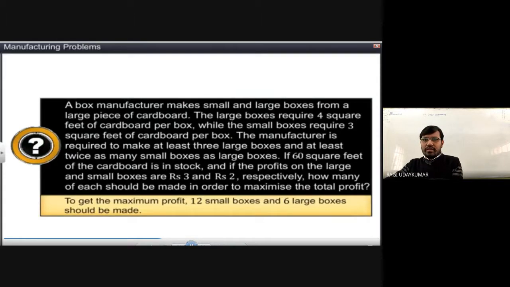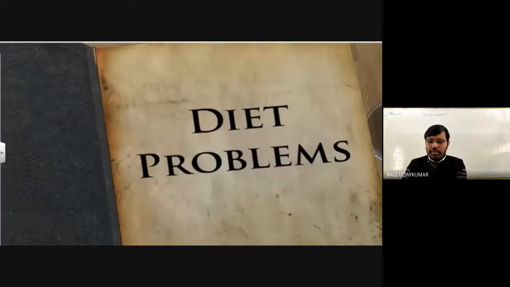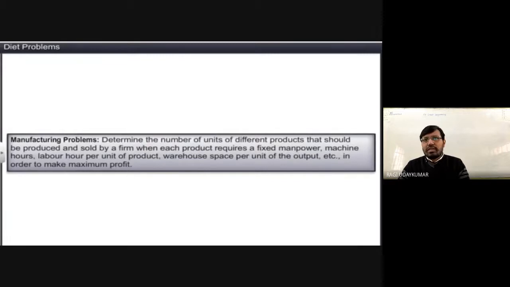Okay, these types of problems are called manufacturing problems. Next, diet related problems, which means mixing of the food. Here also see, manufacturing problems, which type should be manufactured, it is the same model.